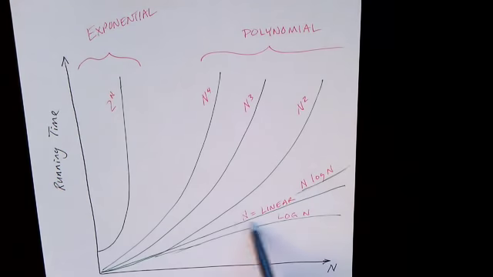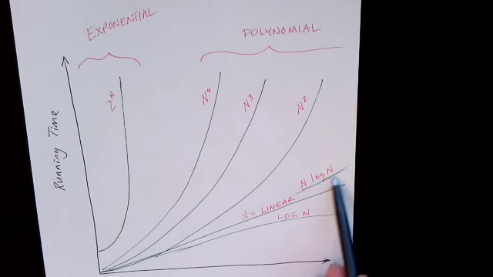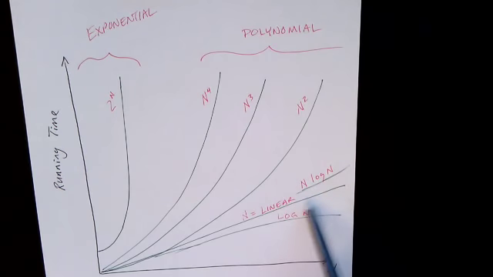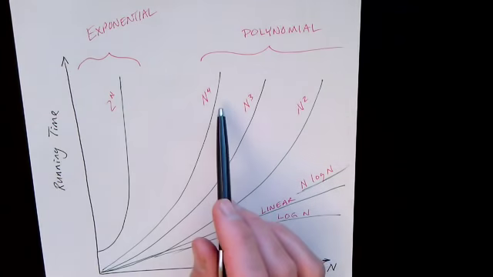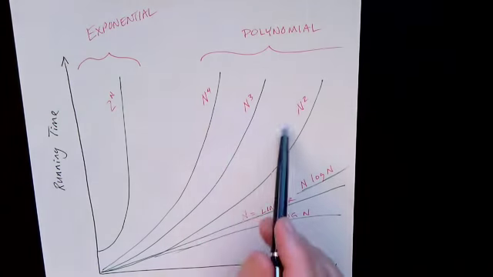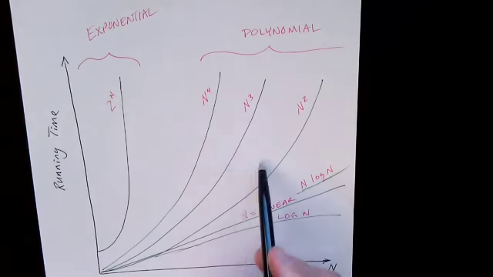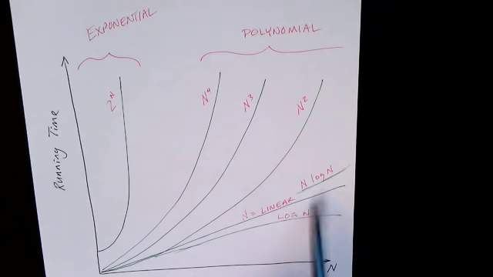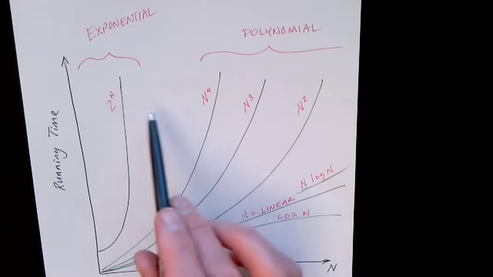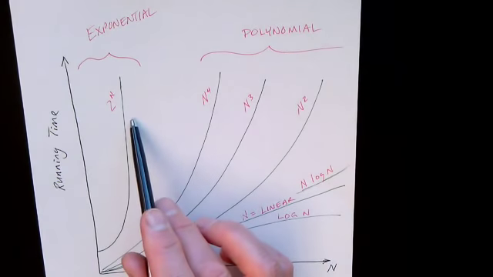Log n grows slower than linear, and n log n grows just a little bit faster than linear, so they're kind of close to linear, if you will. And then we have the polynomial functions, n squared, n fourth, and so on, up to n to the k. And these are sort of intermediate in range to the linear types of functions. And then over here we have exponential functions.